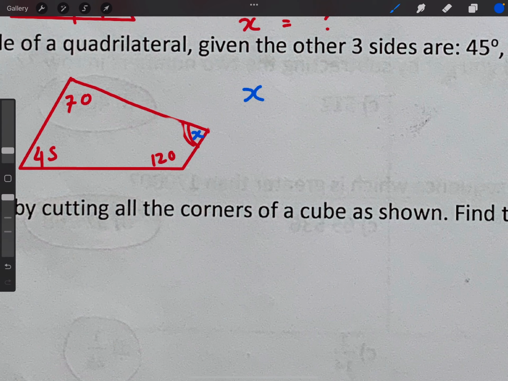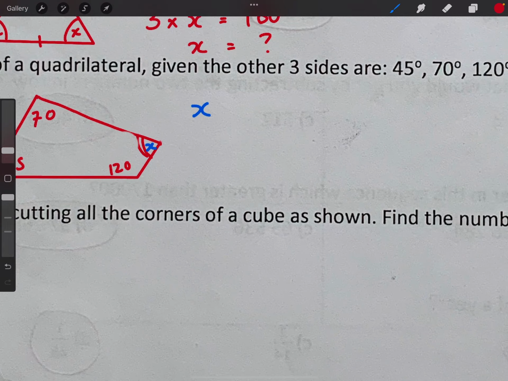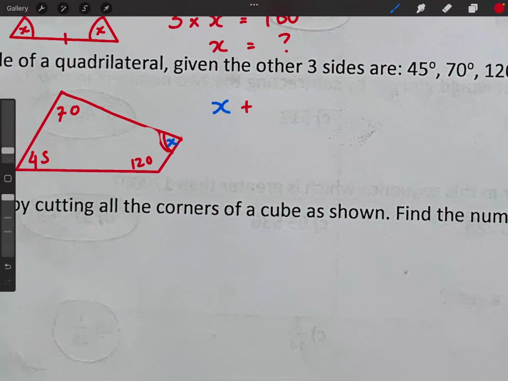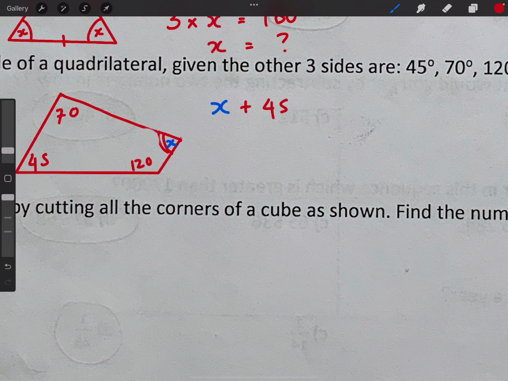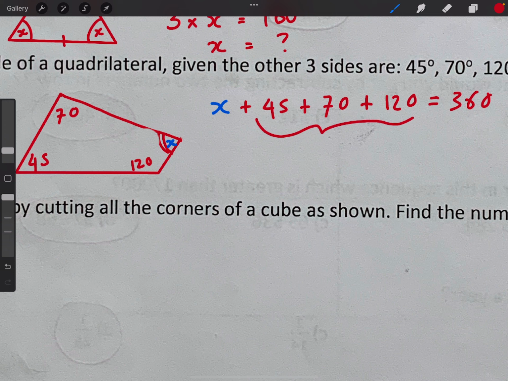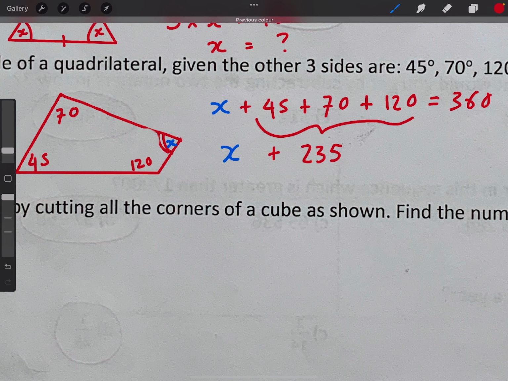We know that all the angles of a quadrilateral add up to 360. So x plus 45 plus 70 plus 120 equals 360. Now what does this add up to? 70 plus 120 is 190, plus 45 is 235. So 235 plus x is equal to 360. Can you work out what angle x is?